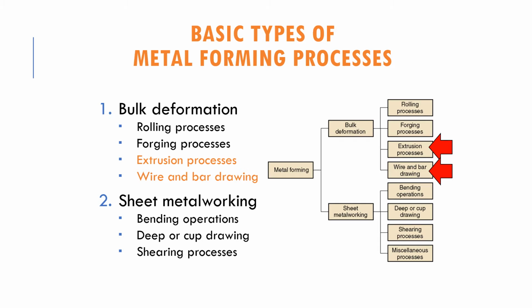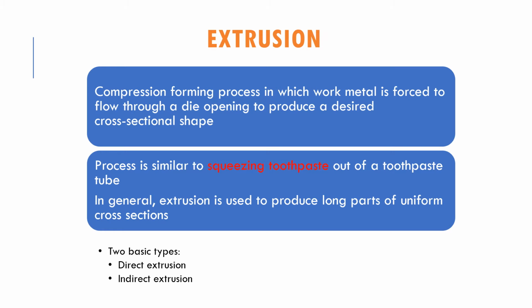Extrusion process is a process where the work material will be compressed and forced to flow through a die opening to produce a desired cross-sectional shape. So this process is similar to the squeezing of the toothpaste.